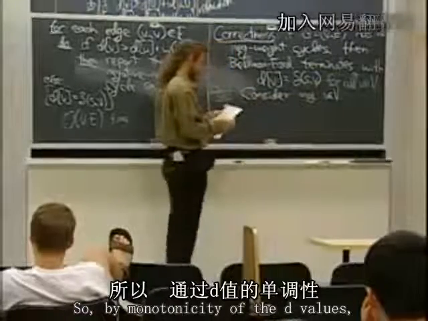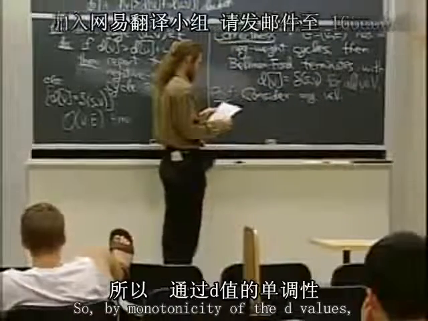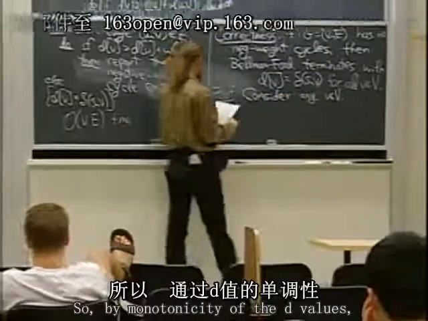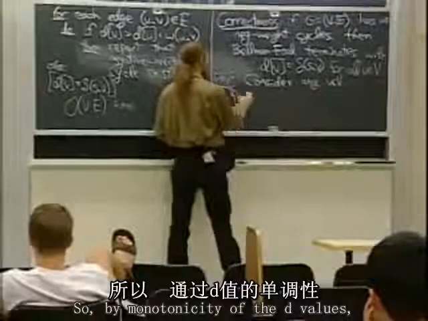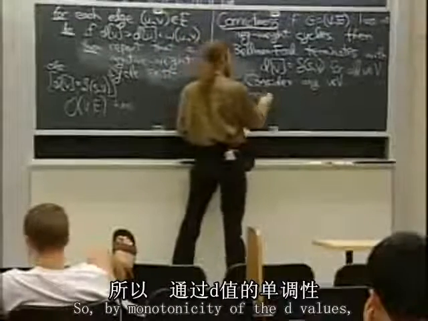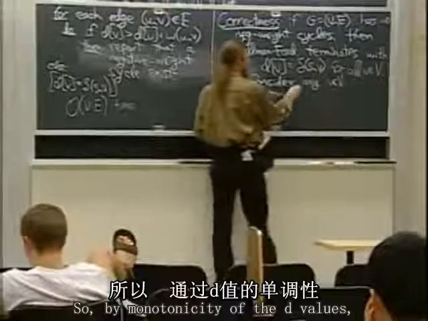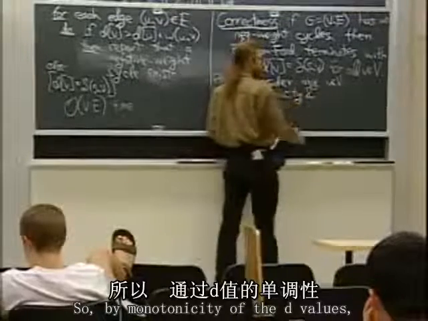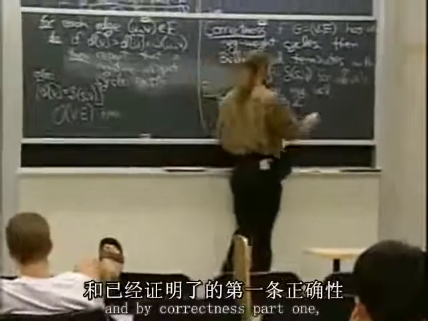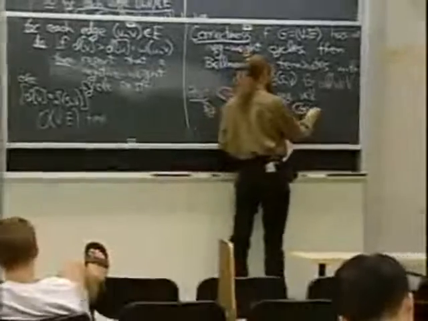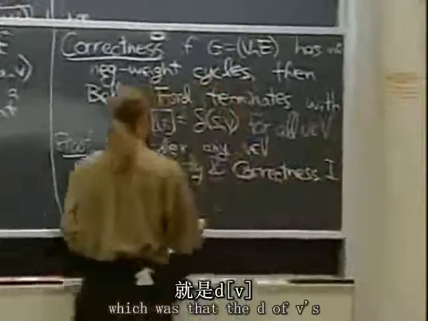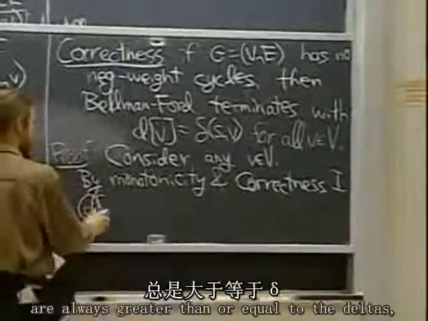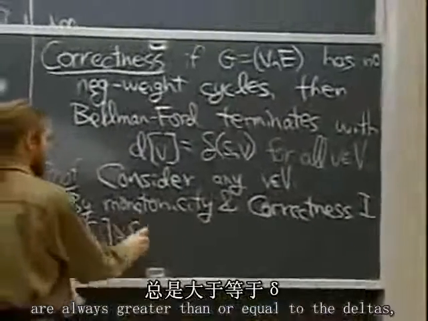So that's by monotonicity of the d values and by correctness part 1, which was that the d values are always greater than or equal to the deltas.